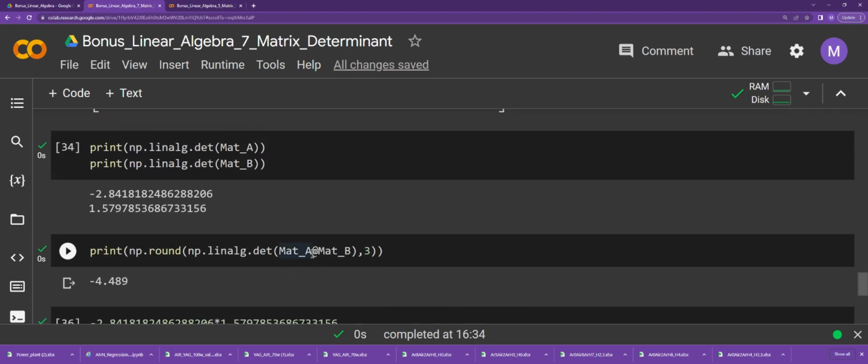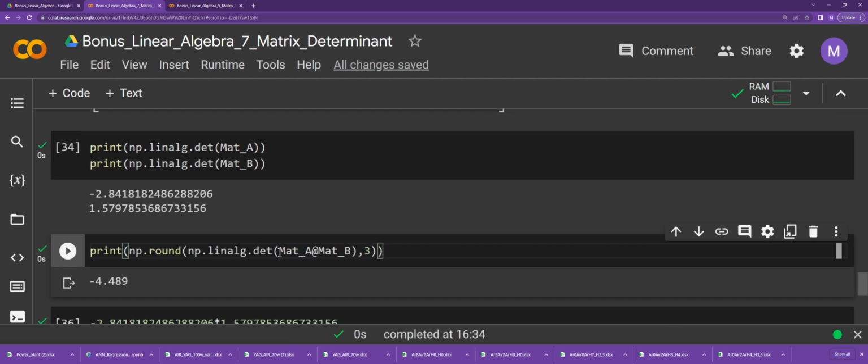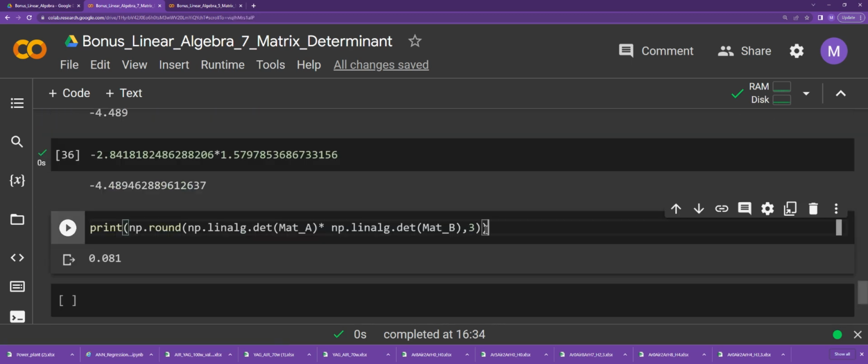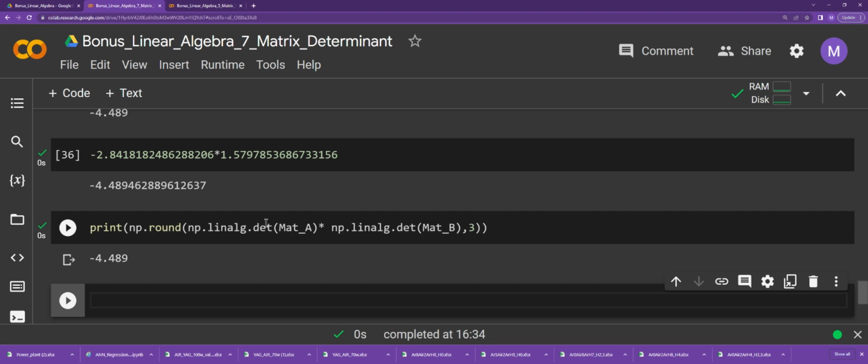The dot product of two matrices will lead to another matrix. The determinant of that matrix would equal the determinant of the first matrix multiplied by the determinant of the second matrix. So that's just something cool that I thought I'd show you and close this chapter with.